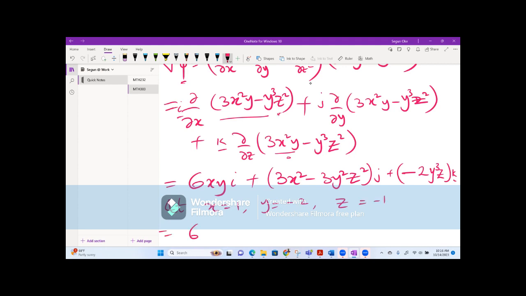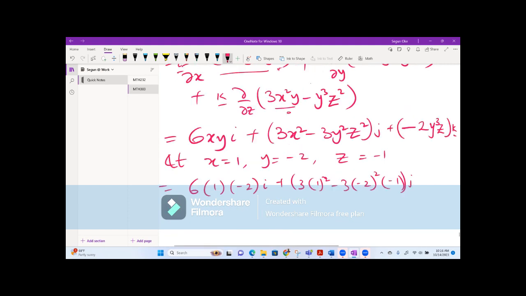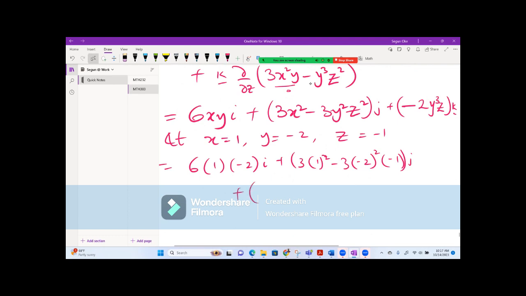So you have 6 in brackets 1 and in brackets minus 2, i, plus 3 in brackets 1 squared, minus 3 in brackets minus 2 all squared, and minus 1, everything j, plus minus 2 all cubed, and minus 1. Okay. So let's multiply it.